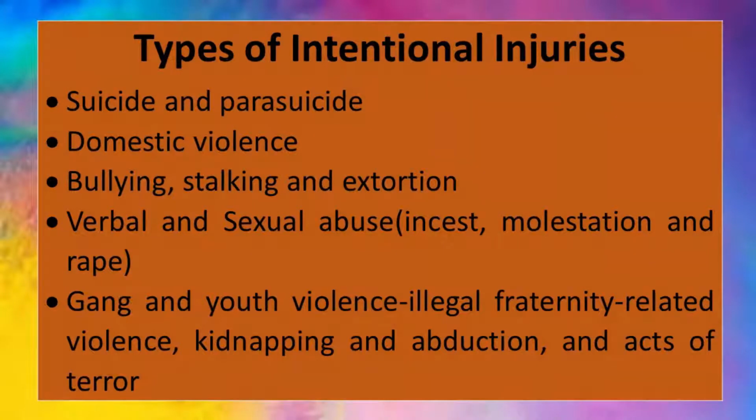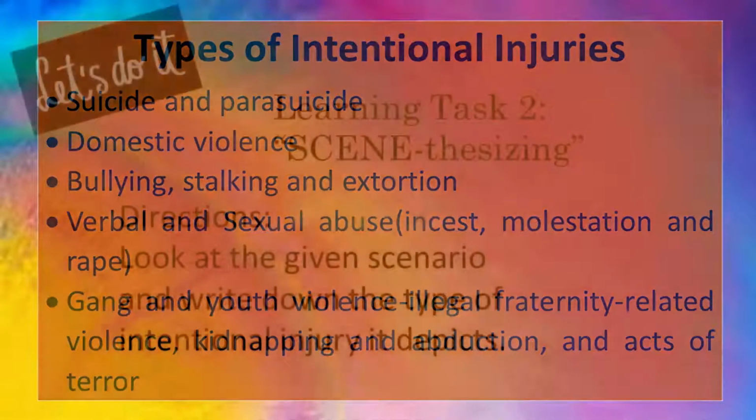There is the suicide and parasuicide, domestic violence, bullying, stalking and extortion, verbal and sexual abuse like incest, molestation and rape, gang and youth violence, fraternity-related violence, kidnapping and abduction, and acts of terror.